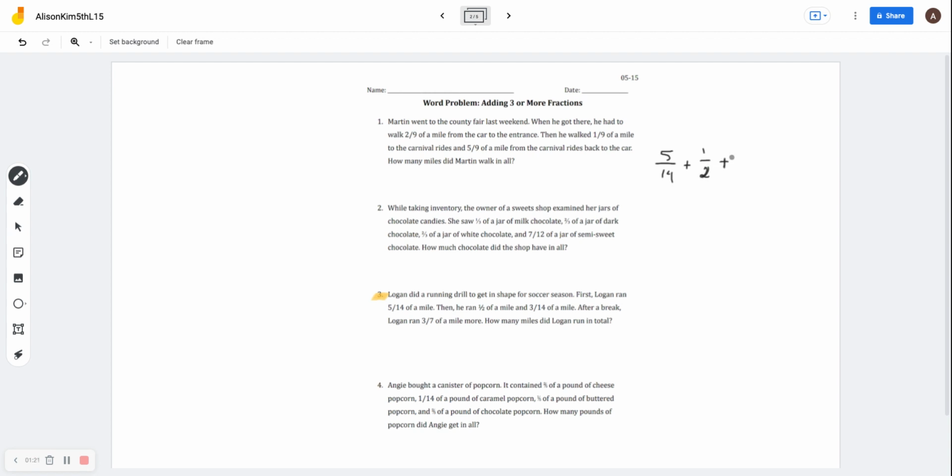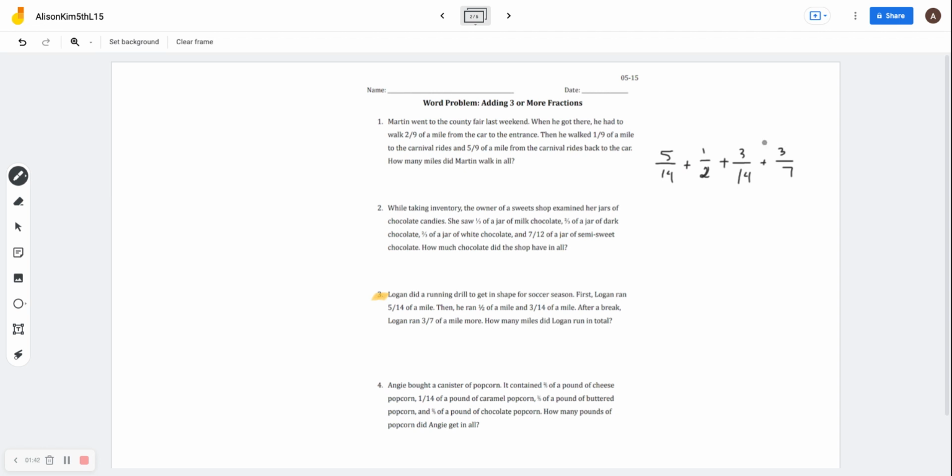And then it says that he ran another 3/14 of a mile, and then another 3/7 of a mile. So we're gonna have to add all these four fractions up to get the total number of miles that Logan ran.